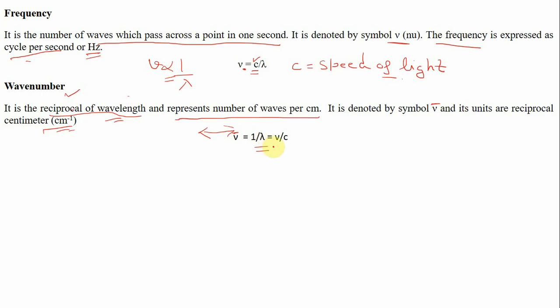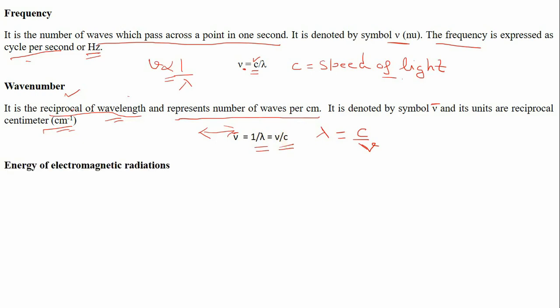Now lambda is equal to c upon nu, because nu was c upon lambda. So if you put this value, it becomes nu over c. So it's frequency over the speed of light.